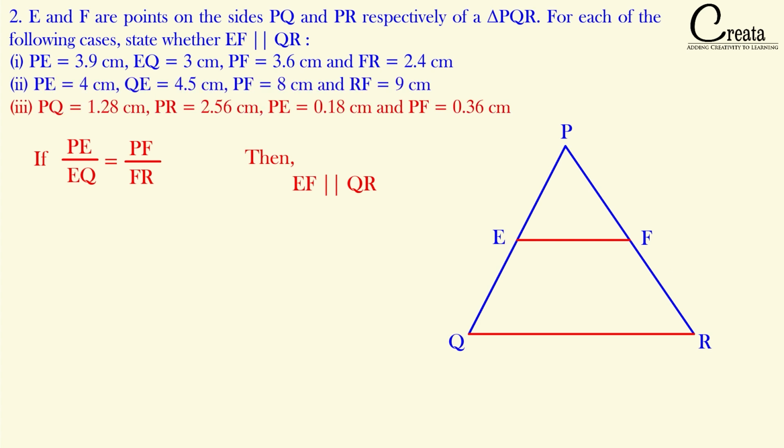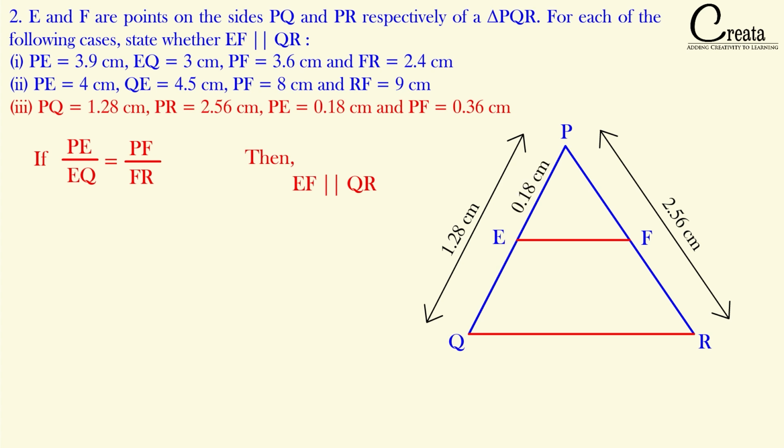Further, let's take the third part. Here PQ is given as 1.28 centimeter, that is complete side of the triangle is given as 1.28 centimeter. And the other side of the triangle, that is PR, is also given as 2.56 centimeter. PE is given as 0.18 and PF is given as 0.36.